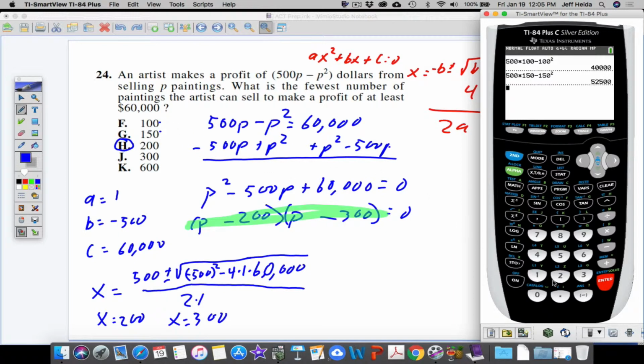So now let's do 200. 500 times 200 minus 200 squared equals 60,000. And then you'd get 60,000 for 300. And for 600, you'd get something less than that. So of the answers given, H is the smallest number that gives you 60,000. And you know that because you did 100 and 150.